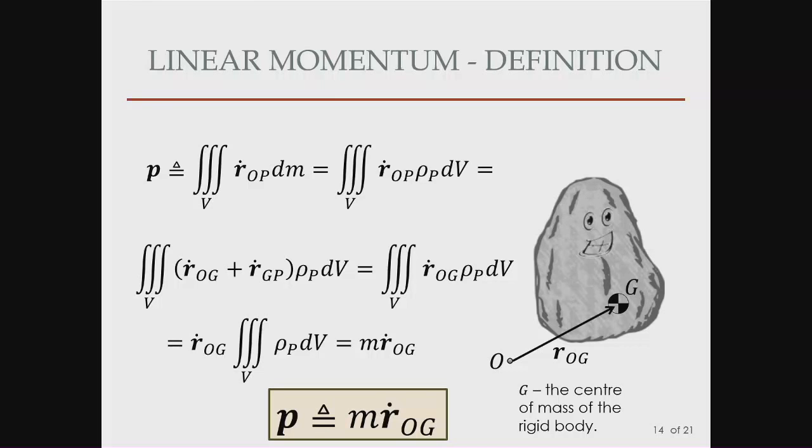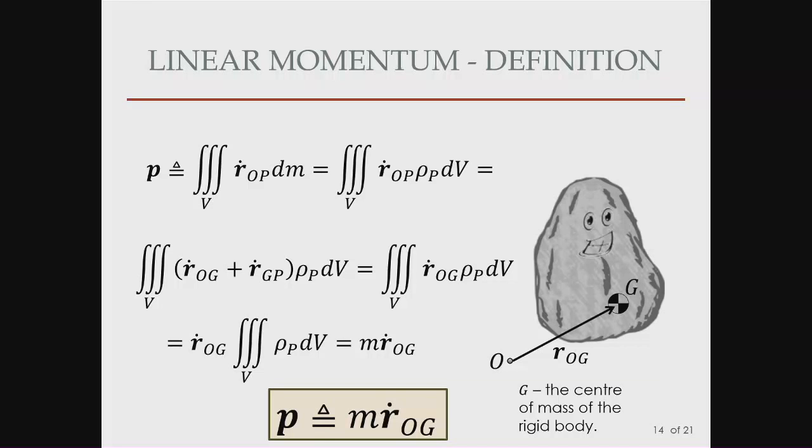Pay attention to the definition. If I ask you, what is the linear momentum of this rigid body? Don't be lost. Look for a fixed point. Look for the center of mass of that rigid body. Look for the absolute linear velocity of the center of mass, and multiply by the mass. So this would be the linear momentum of the rigid body.